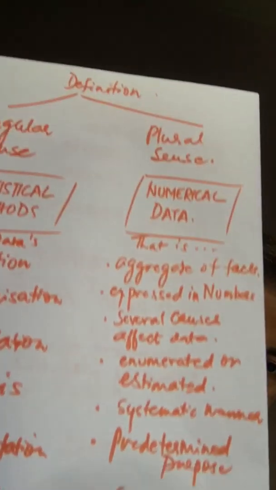So data. What kind of data? Is the data numerically expressed? Yes or no? Is it placed alongside some other data? Yes or no? That has to be checked. What is the predetermined purpose that you're using it for? All of that has to be checked.